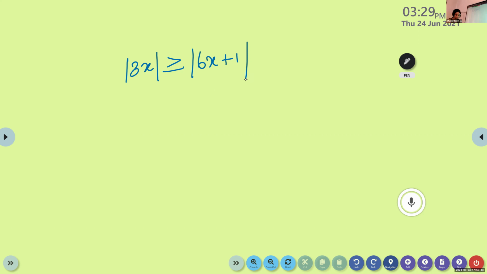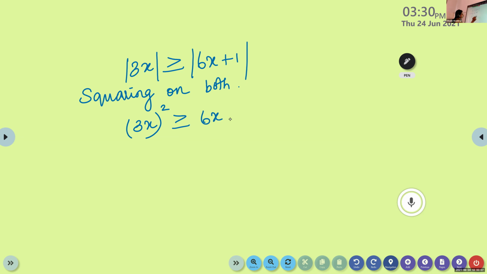Whenever we get a question like this, we are going to square both sides. When you square it, we can remove the modulus and write this as 3x the whole square is greater than or equal to 6x plus 1 the whole square.